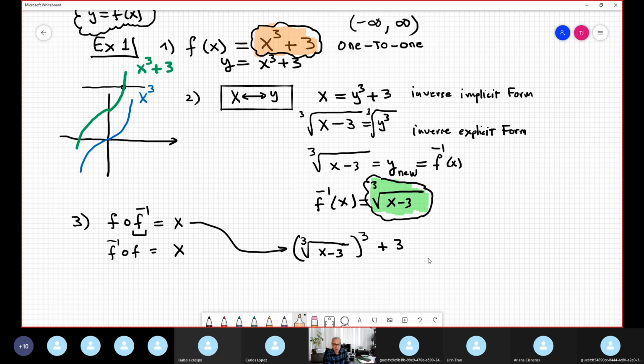Do you understand what I am doing? It's easy because I know that cubic root and cubic power undo each other. The answer is x minus 3 plus 3, and the 3 plus 3 cancels out, and the answer is x, the identity.